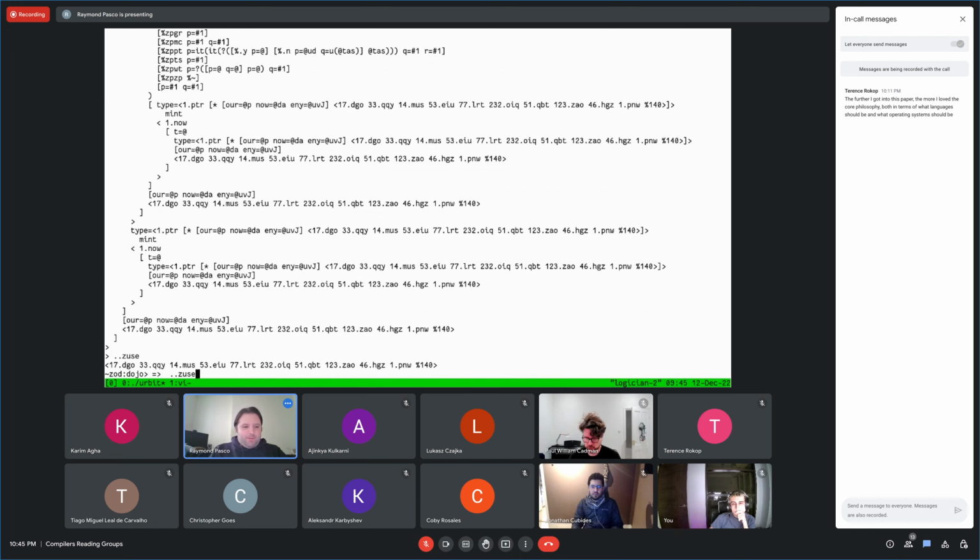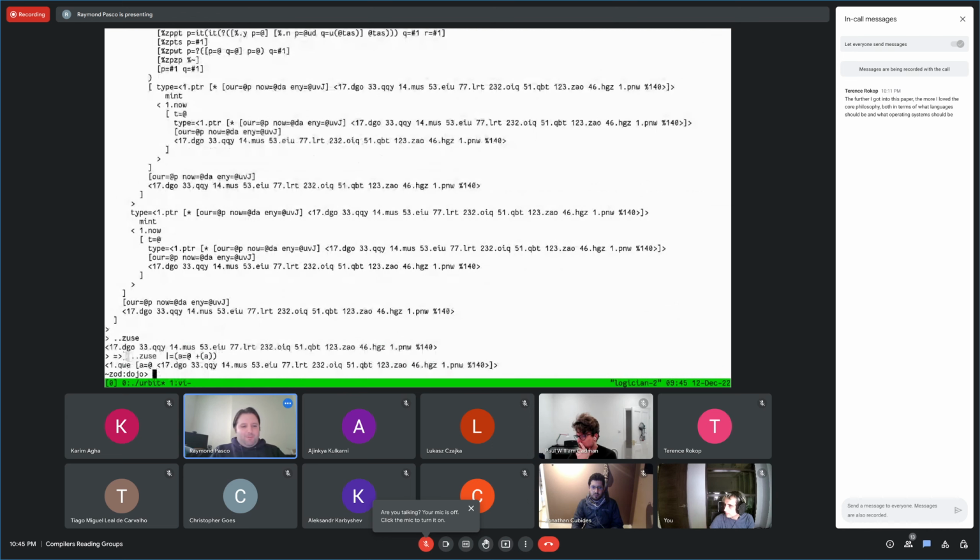The standard library is called Zuse, so I'm using this syntax to use just Zuse as the subject. I define a function taking an atom A, incrementing it, and I'll have much more manageable things.